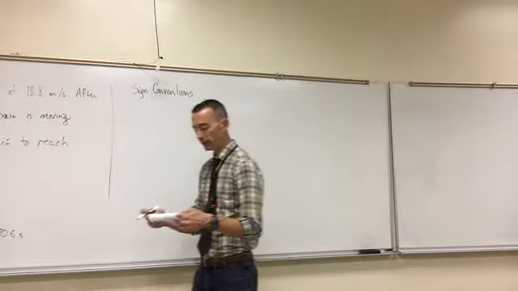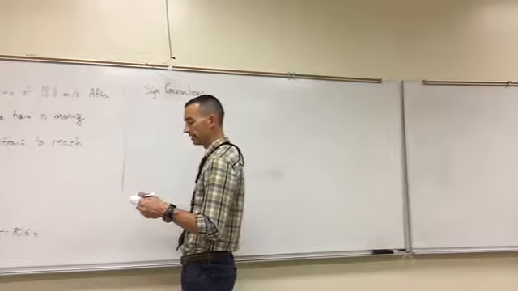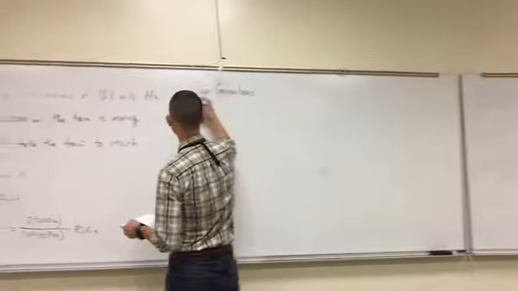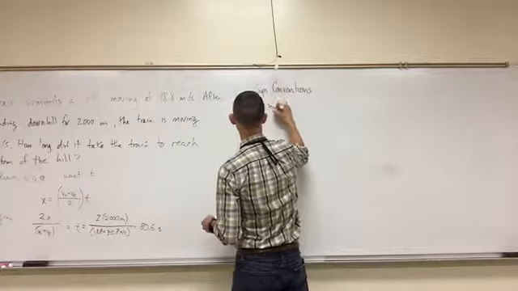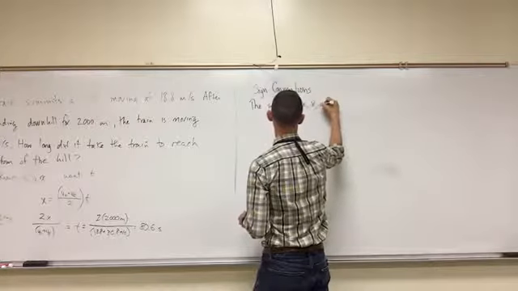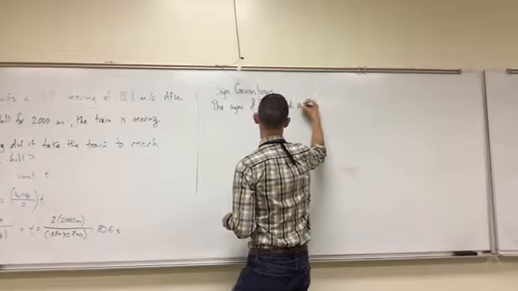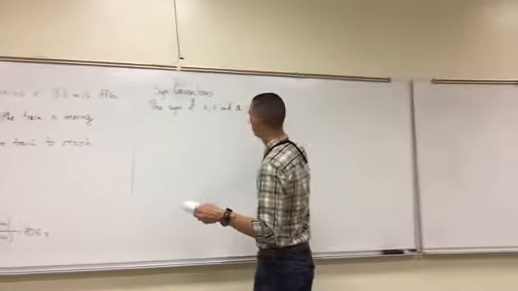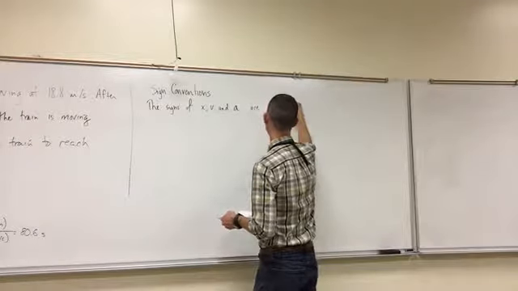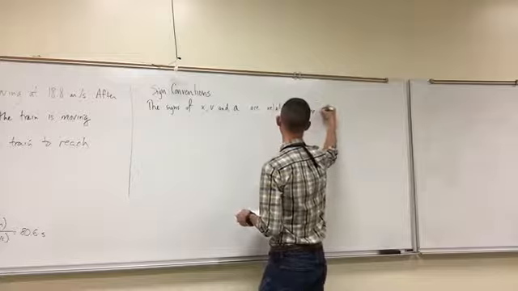What you really want to remember is that these are all defined relative to each other. The signs of x, v, and a, position, velocity, and acceleration, are relative to one another.